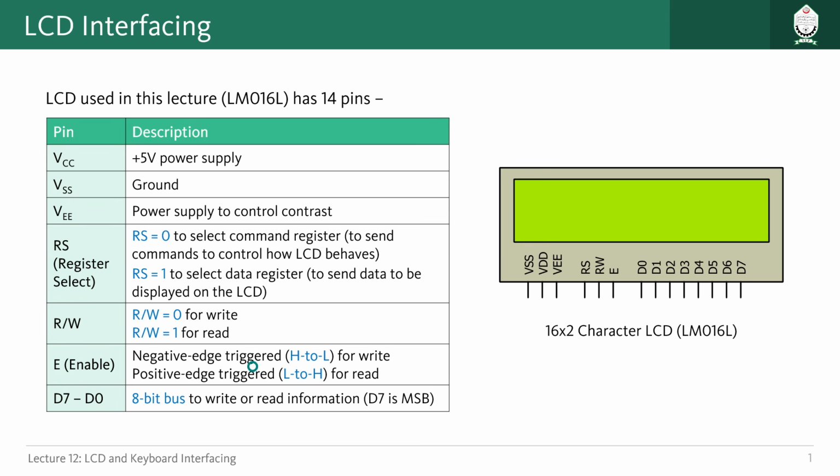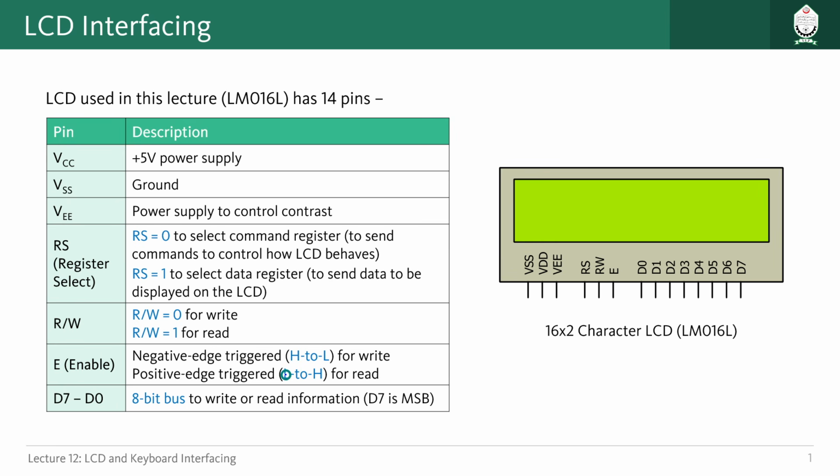If you give that, then whatever data is available in RS, RW, and the 8-pin data bus, based on those commands, a similar activity will happen inside the display, either to receive or send data, right? Whenever we want to write some data, the signal on the enable pin should be negative edge triggered, so a high to low signal should be given.